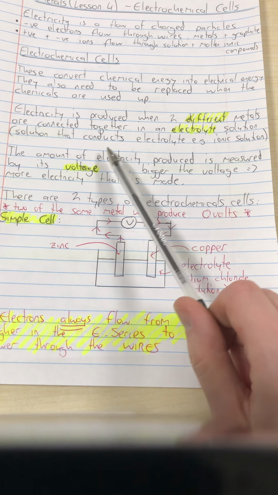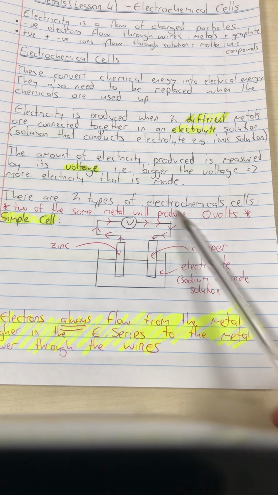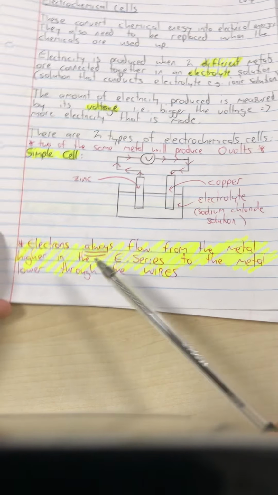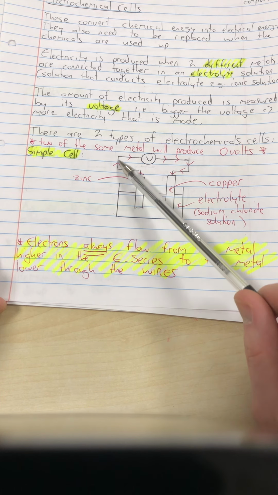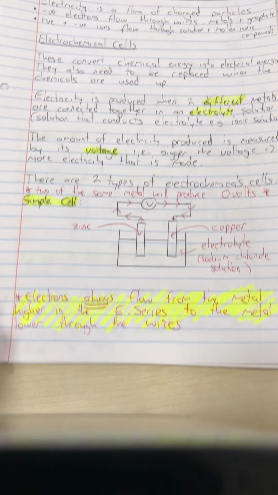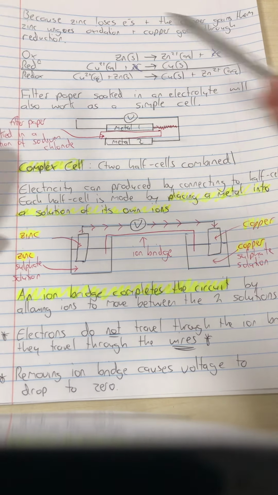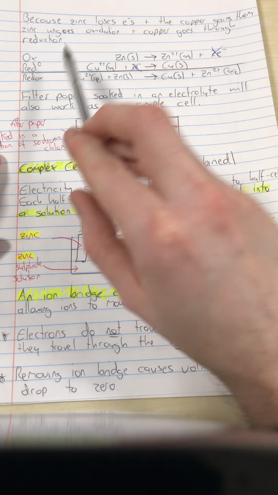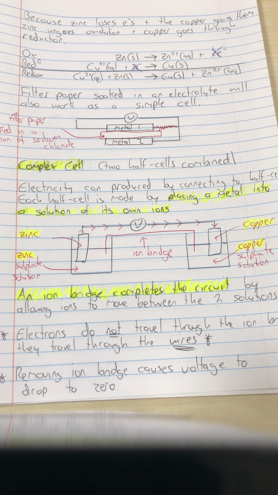We measure electricity through voltage, and you've got two cells, a simple cell and a complex cell. What's important is that electrons flow from the metal higher through the wires to the metal lower down. The metal that's higher goes through oxidation, and the metal that's lower goes through reduction, but you already knew that from the previous topic.